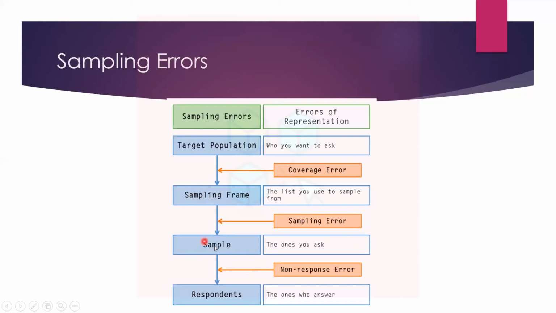A sample is drawn from the sampling frame, and the error that occurs due to the sampling process is called the sampling error. Once the sample has been obtained, the respondents in the sample are either willing or not willing to respond. Non-response error may occur here.